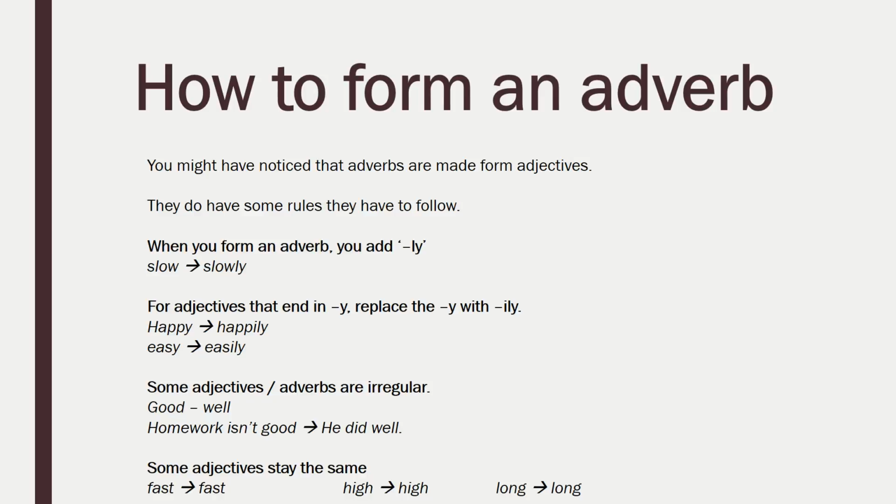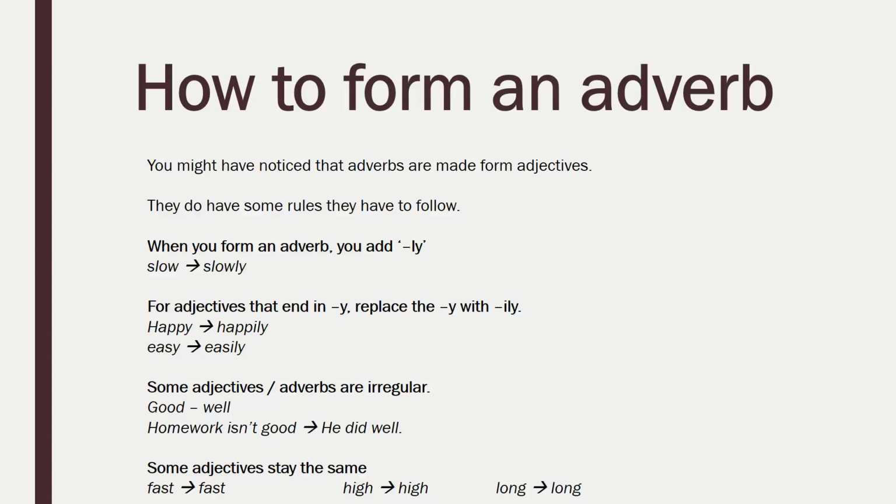Now you use this rule in most cases, though there are some other rules that you should keep in mind. So the second is for adjectives that end in Y, you replace the Y with illy. So happy becomes happily and easy becomes easily. You just kind of delete the Y and add illy.